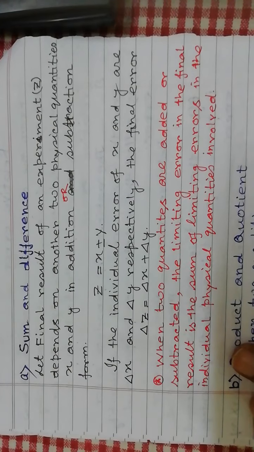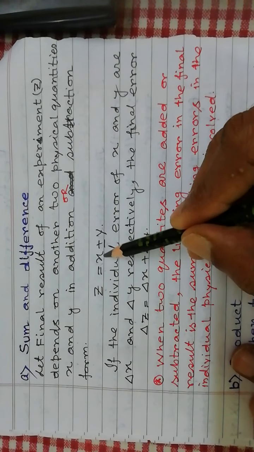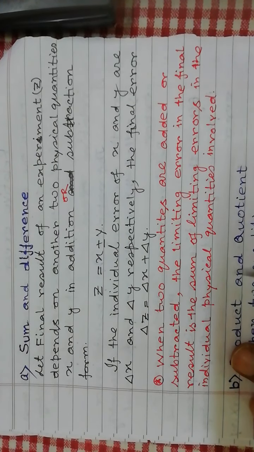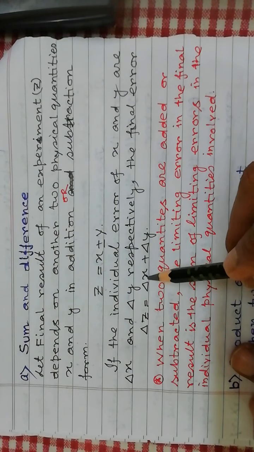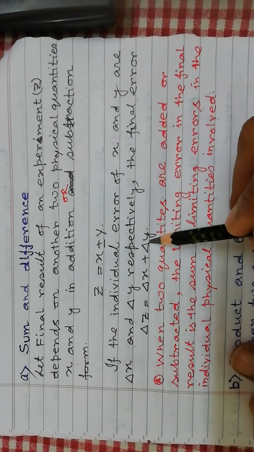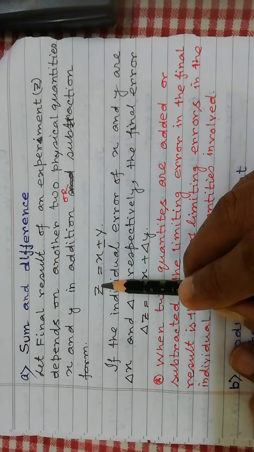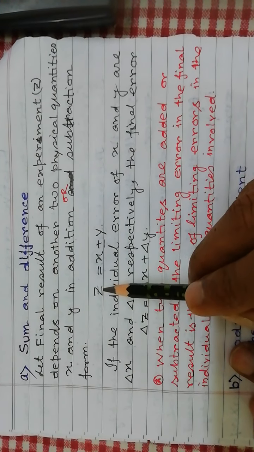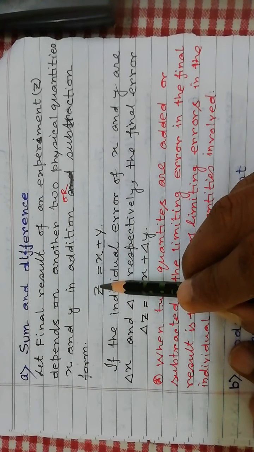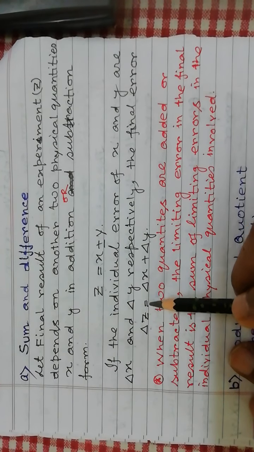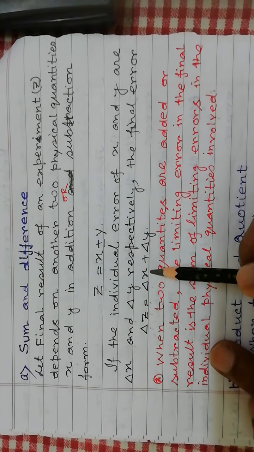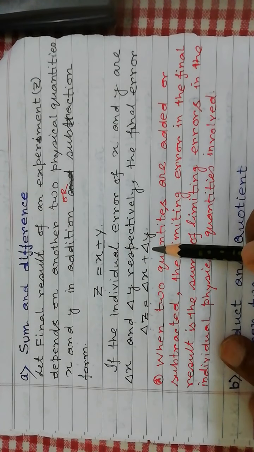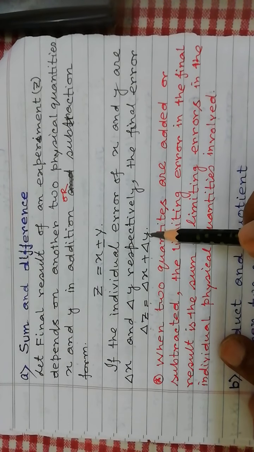Here we let the individual error of x and individual error of y be del x and del y. Then the absolute error in the final result will be equal to the absolute error in x plus the absolute error in y.